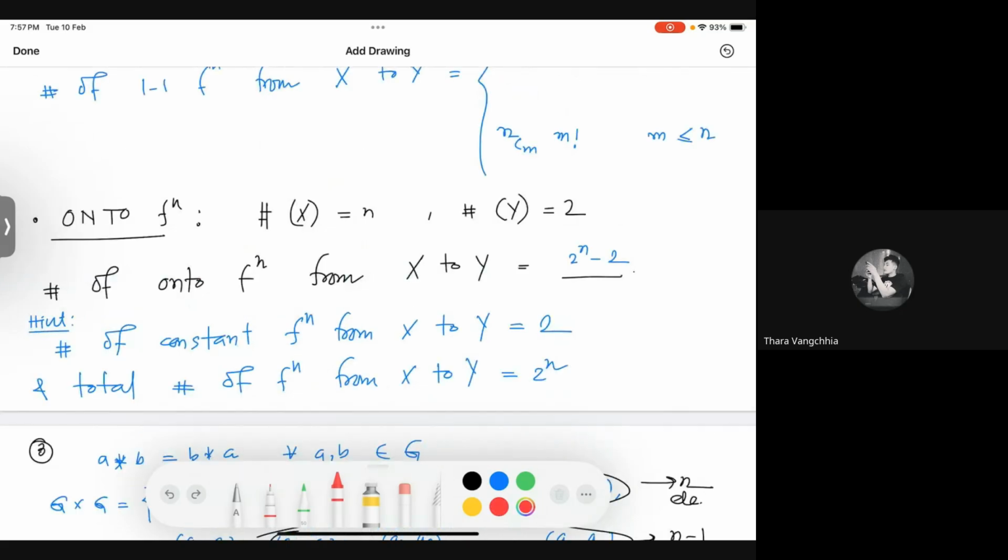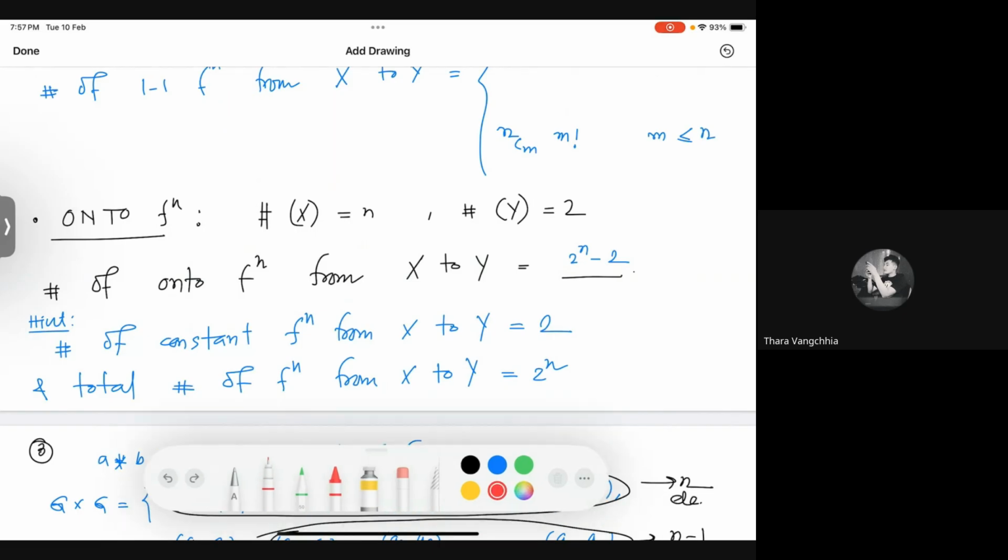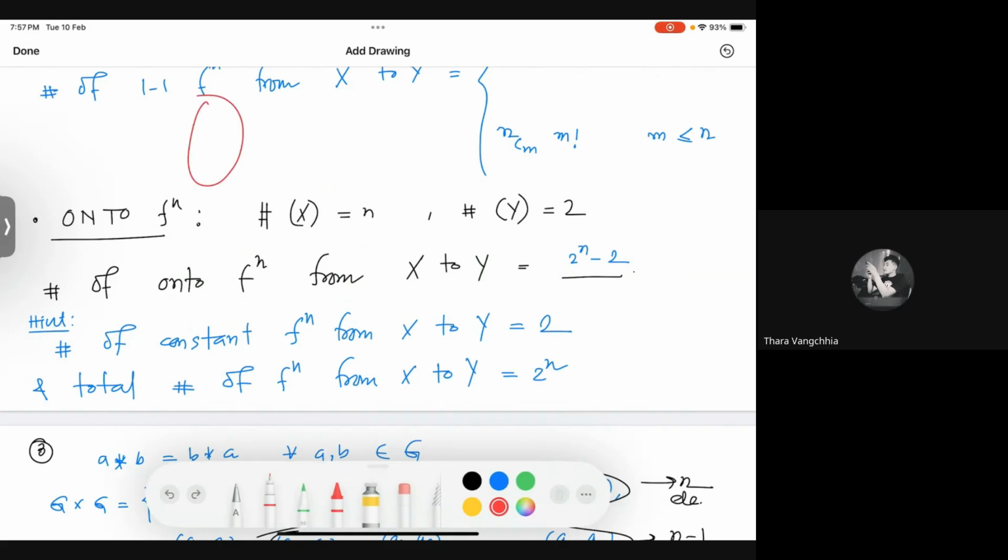For example, say the domain is 1, 2, 3 and the codomain has only two elements.